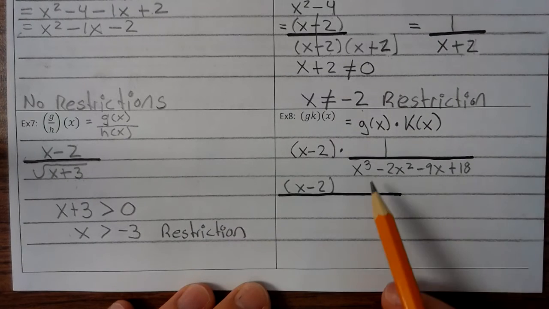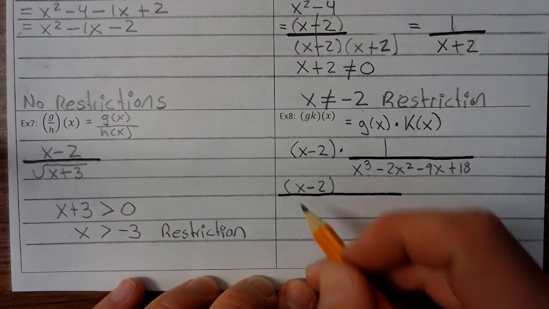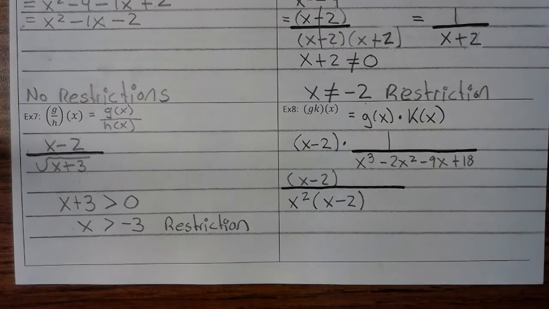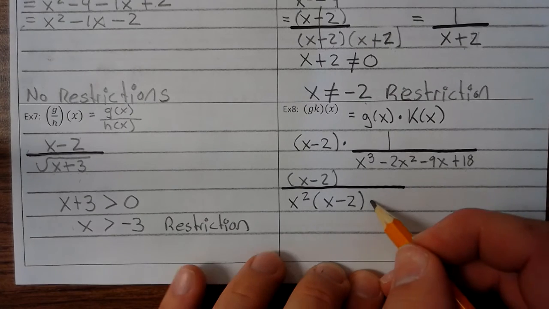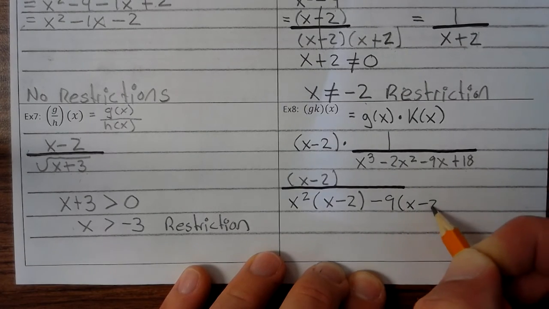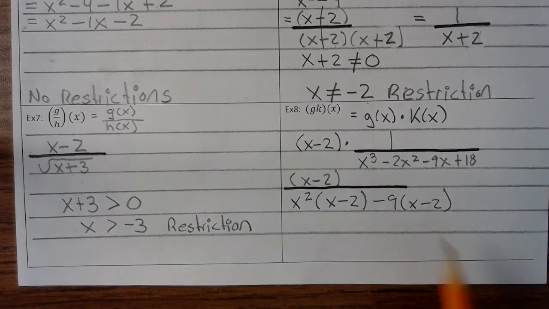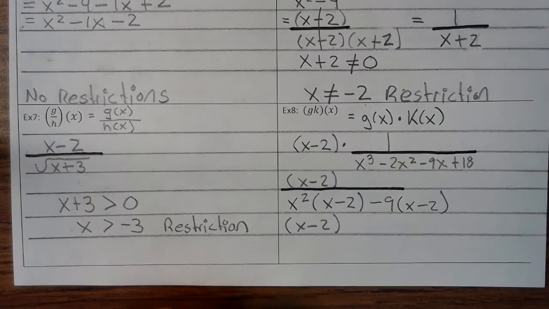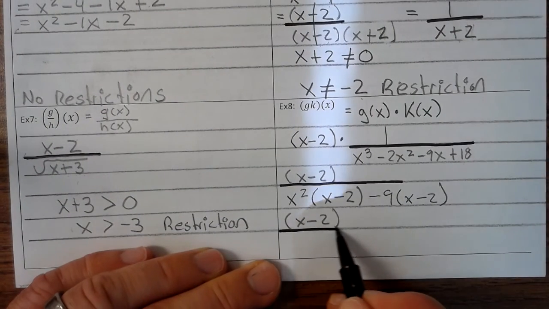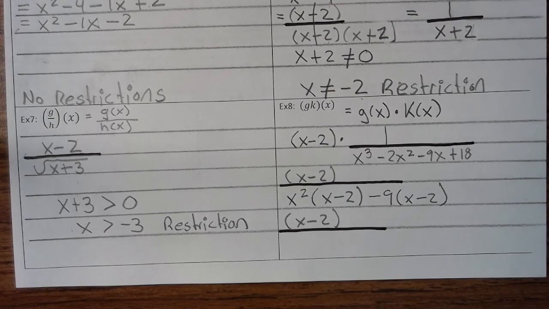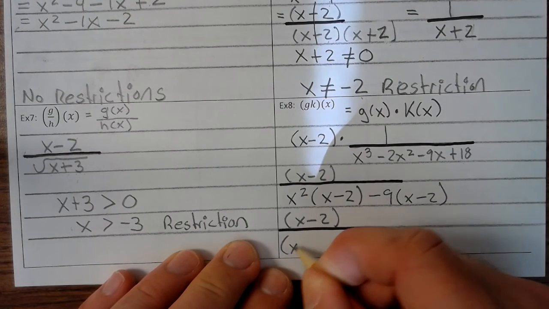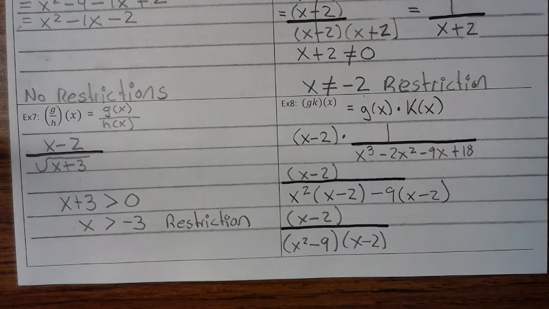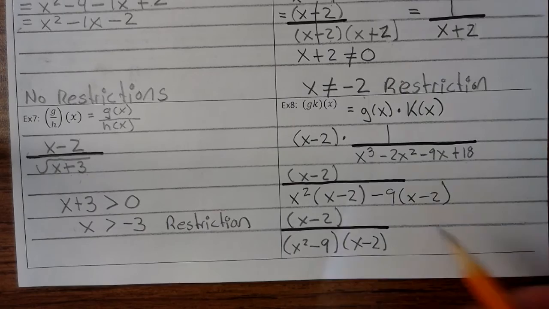Okay, so it's factored by grouping because there's 1, 2, 3, 4 terms. We can factor out an x squared, which leaves x minus 2. And here we can factor out a minus 9, which leaves x minus 2. Well, you can factor by grouping here. So now we're left with x minus 2 divided by x squared minus 9 times x minus 2. Well, we know that x squared minus 9 can be factored.